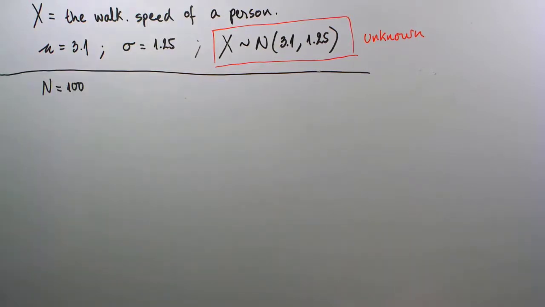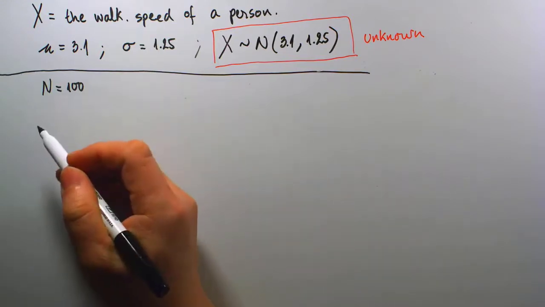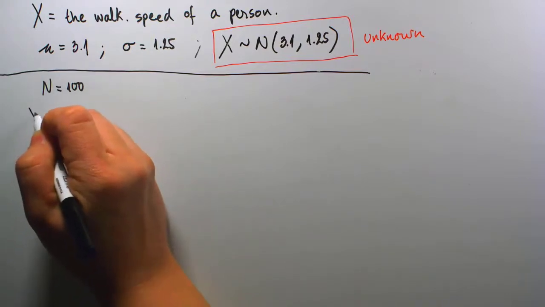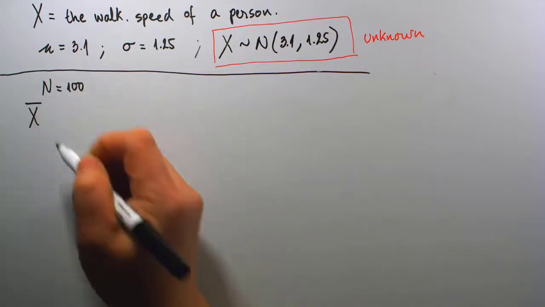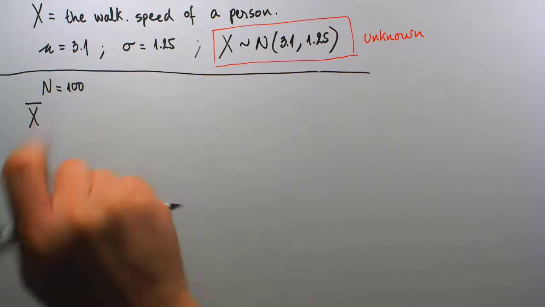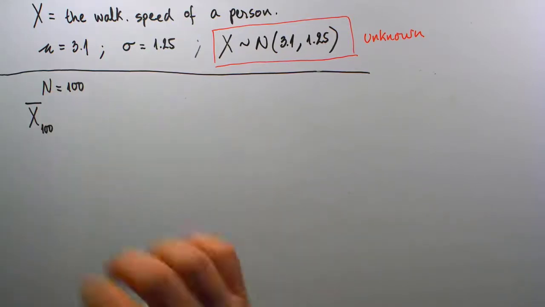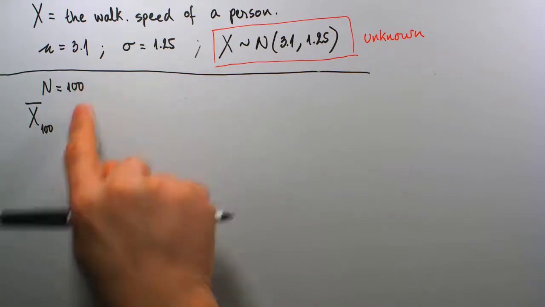people in each sample. And so the very same explanation and the very same argument that was made in part A, now I can define a random variable that's called capital X bar. And in my style, I'm using a subscript 100. This is the sample size that I'm using as a subscript right here.